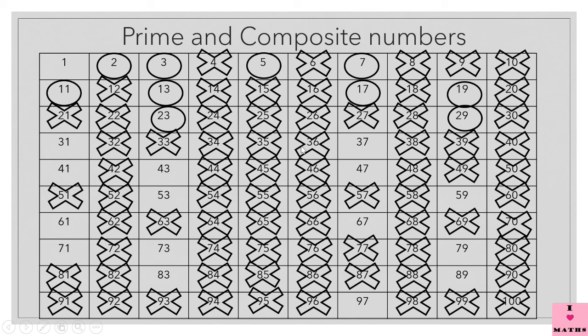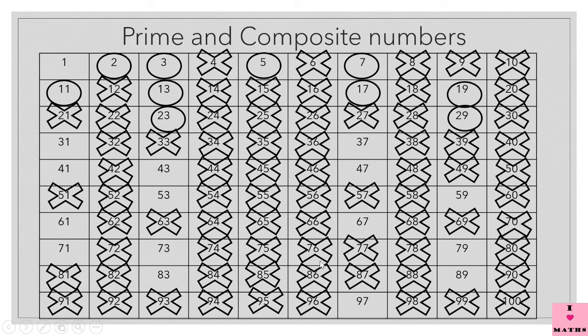After that, all the composite numbers have already been crossed, beta. Whatever numbers are left, they are prime numbers only. So straight away you can encircle all the remaining numbers, because all these numbers which are remaining, they are prime numbers only. If you want, you can apply the step and see for yourself. All the multiples of these prime numbers have already been crossed, right?